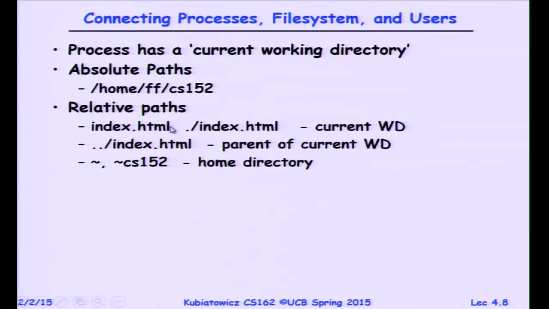If there is no / at the very beginning, then what you're really saying is do this relative to the current working directory. And this includes things like ../index.html, which really says take the current working directory, go up one level, and put index.html in that.